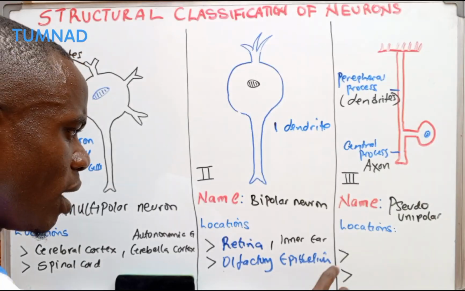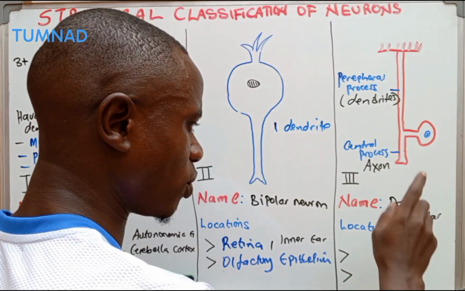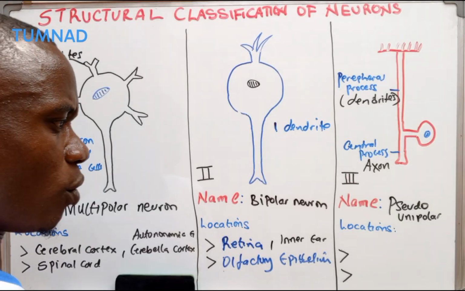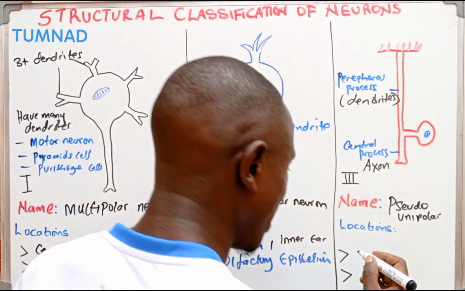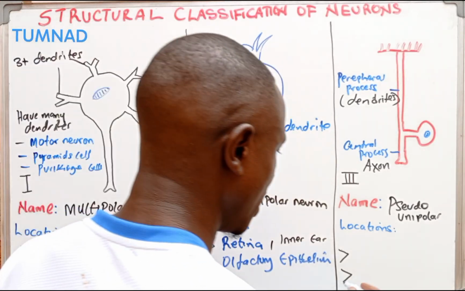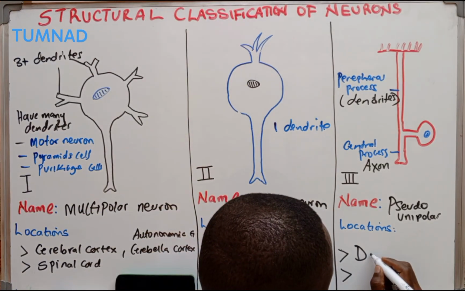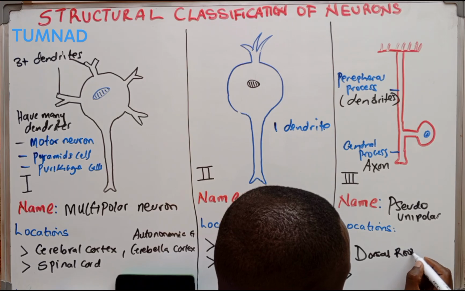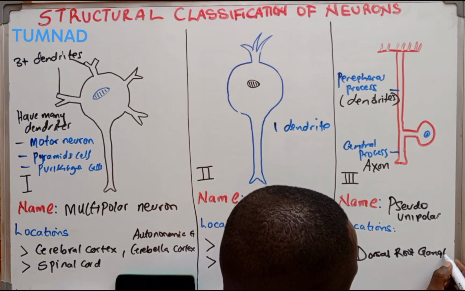Now, what are examples of where we generally find the unipolar or pseudounipolar neurons? The critical example where these neurons are located is the dorsal root ganglia.